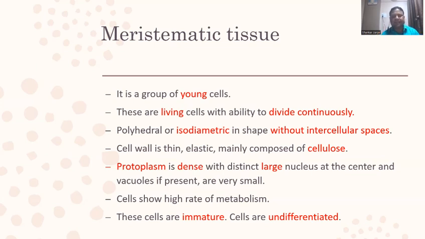These cells are immature and undifferentiated, and very slowly they get differentiated and elongate a little bit and form the region of elongation. At the region of root, there is a meristematic region.